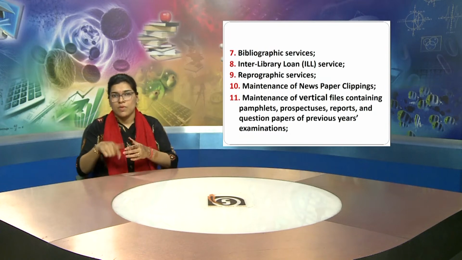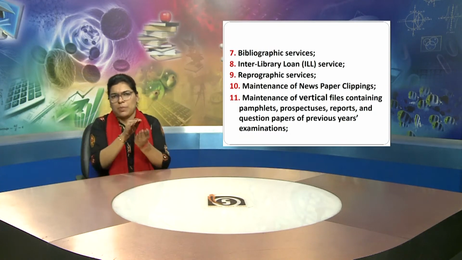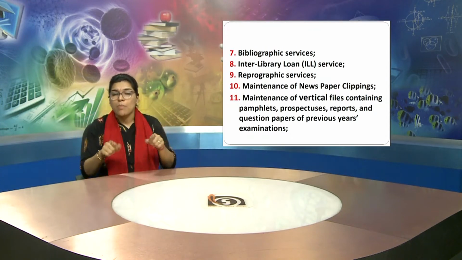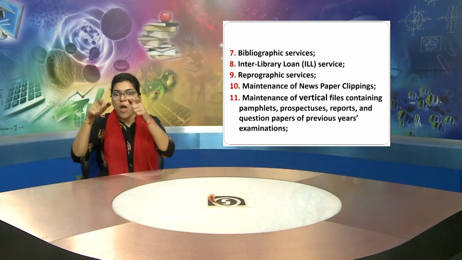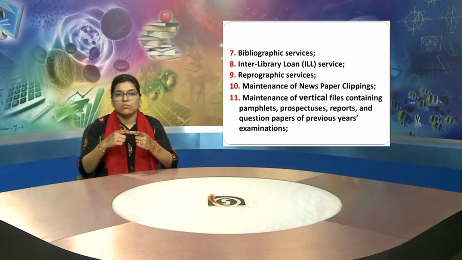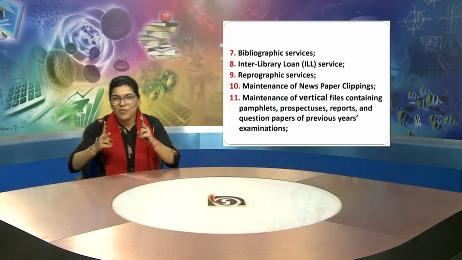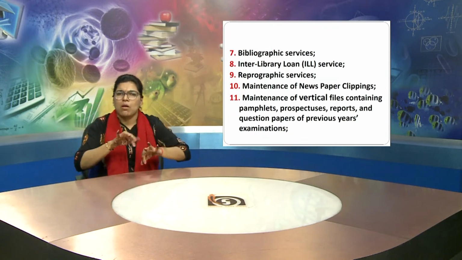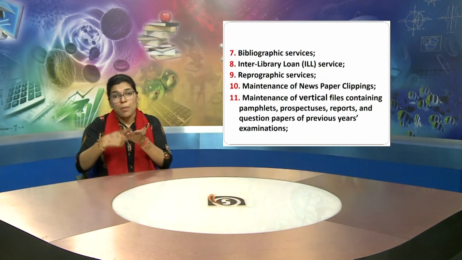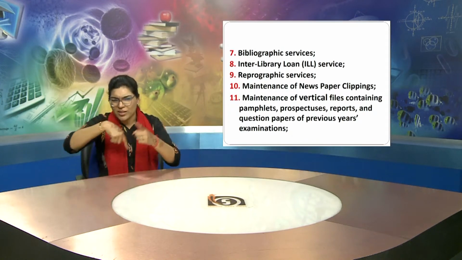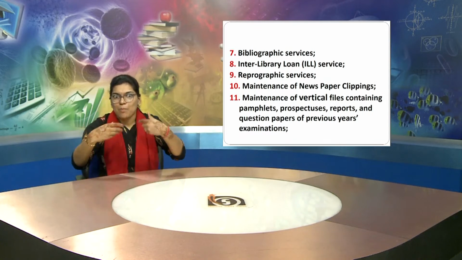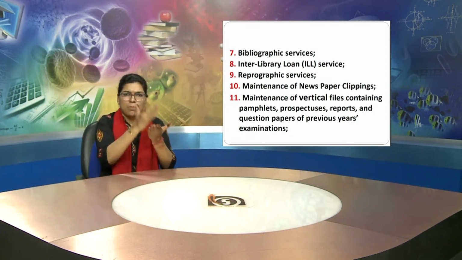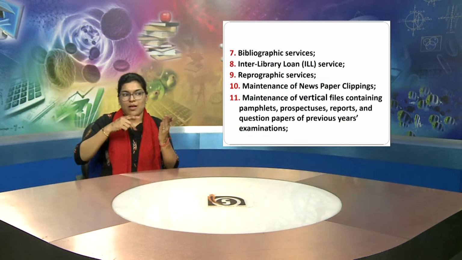And then the 10th service area is maintenance of newspaper clippings, and then the 11th is maintenance of vertical files containing pamphlets, prospectuses, reports, and question papers of previous years' examinations. All the old question papers, previous years' question papers, are kept there in the library.